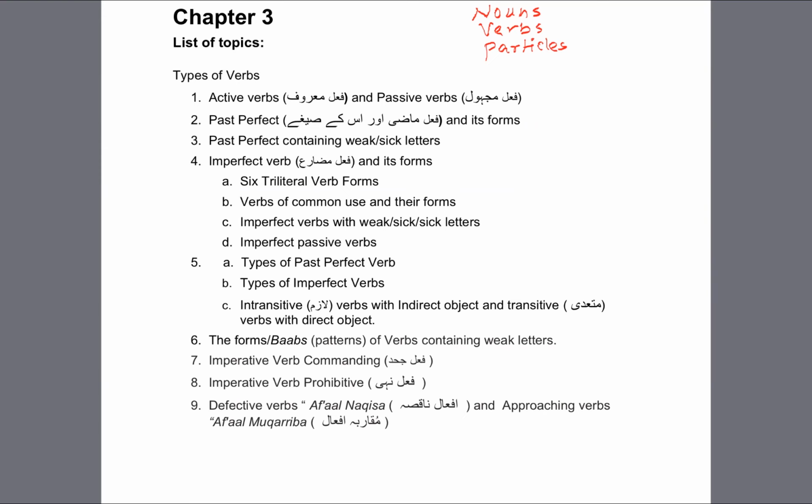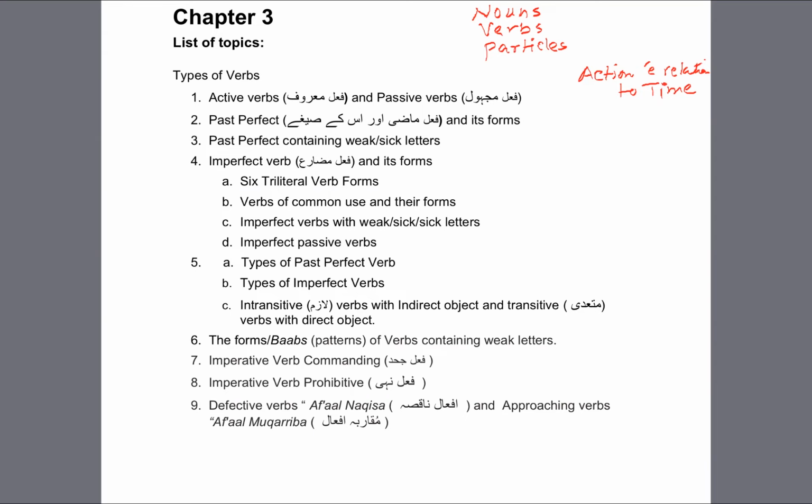Past perfect means that the task has been completed, because the definition of verb is action in relation to time. If there is no time, it's not a verb. It has to be either in the past or right now or in future.